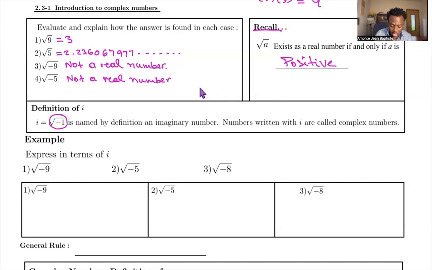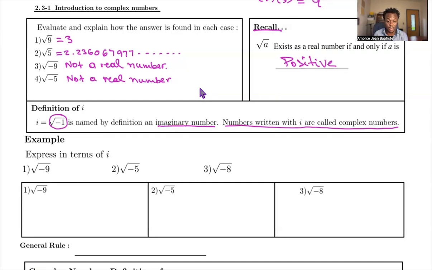Its name is an imaginary number. That's why it's called i, imaginary number. Now, all numbers written with an imaginary number are called complex numbers. So we start introducing complex numbers.